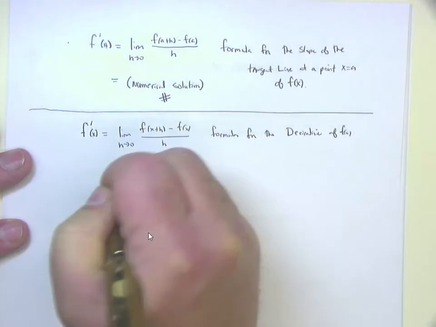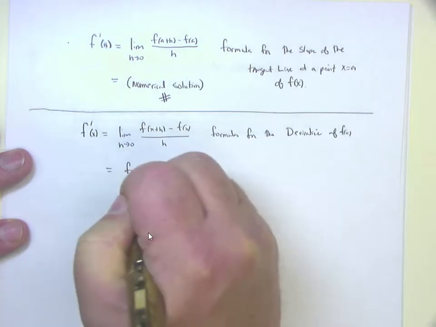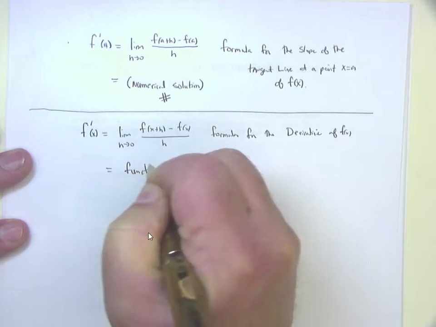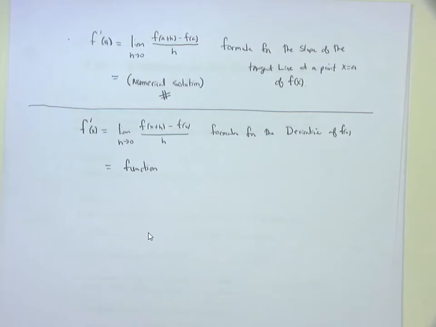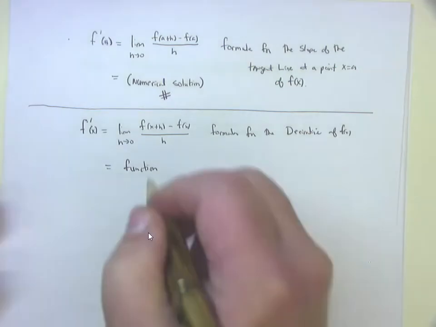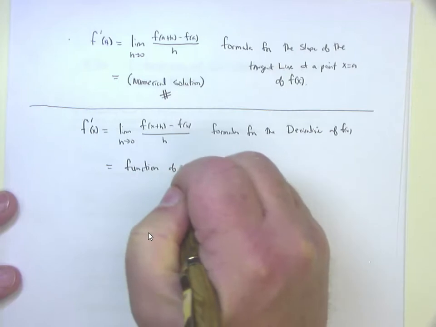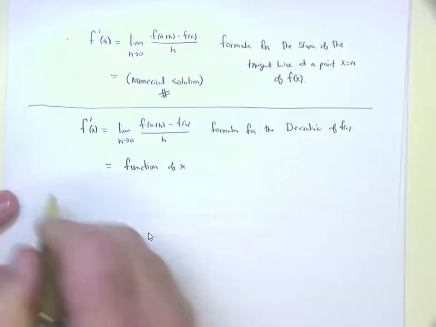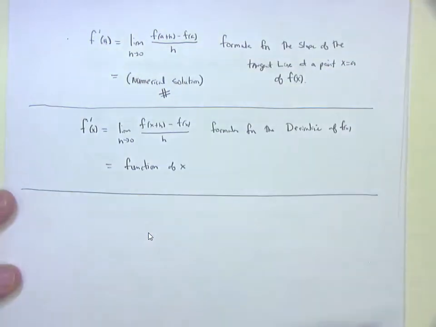You're expecting this to be equal to a function. I'm going to talk about what this function is actually going to give you. This is a function of x, and the relationship between the two. So let me give you an example.